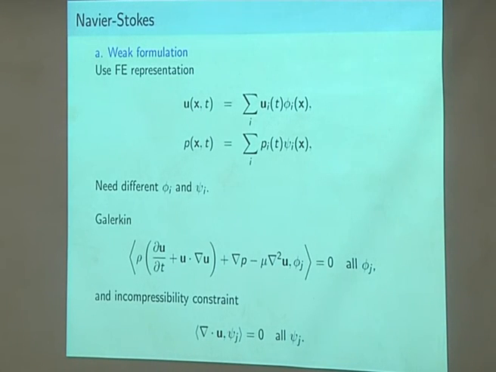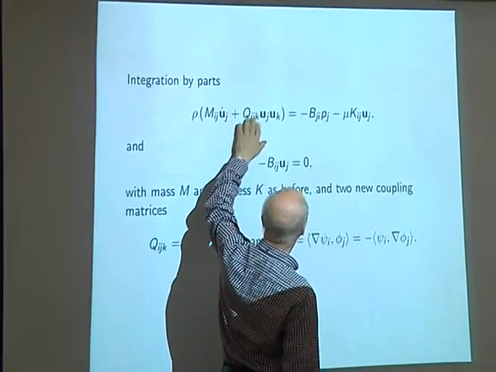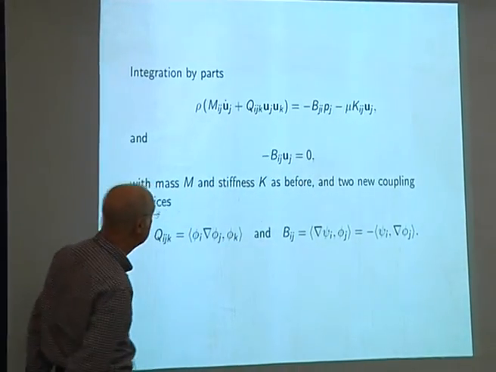So we substitute that finite element representation into those two Galerkin approximations, weak formulations, do a bit of integration by parts, and we end up with our mass matrix as defined before, our stiffness matrix as defined before. Two new terms come in.